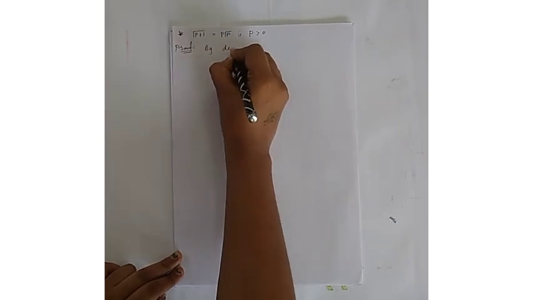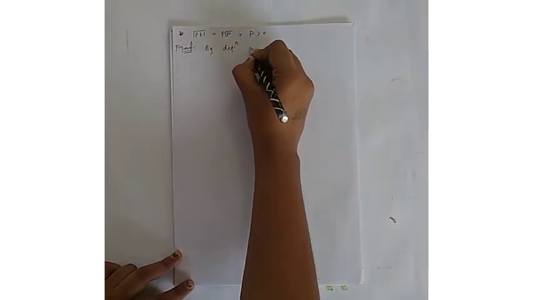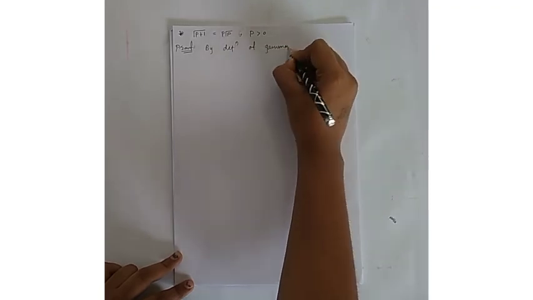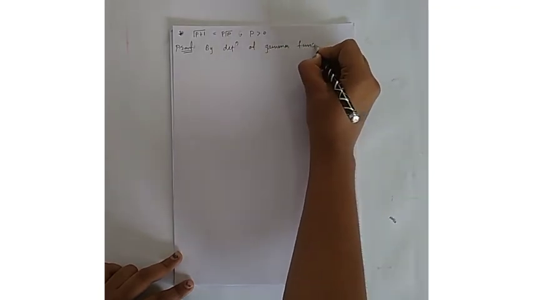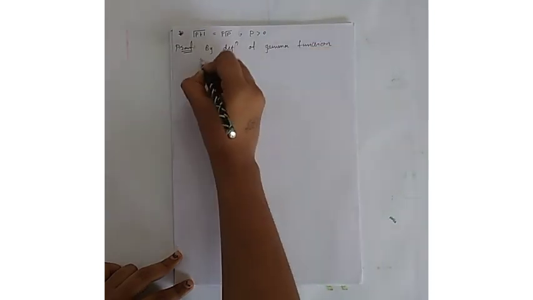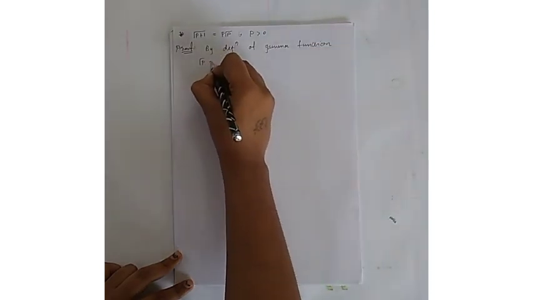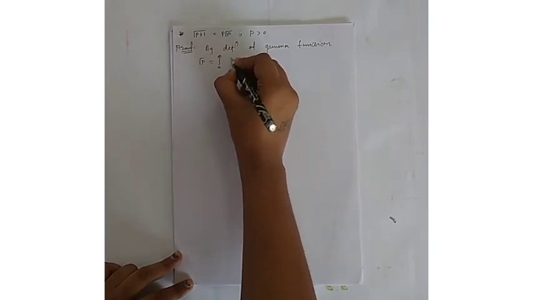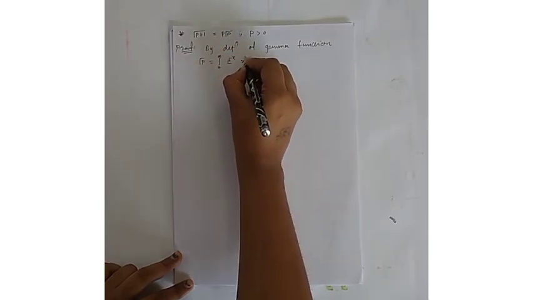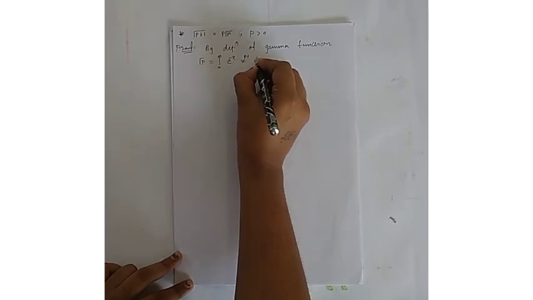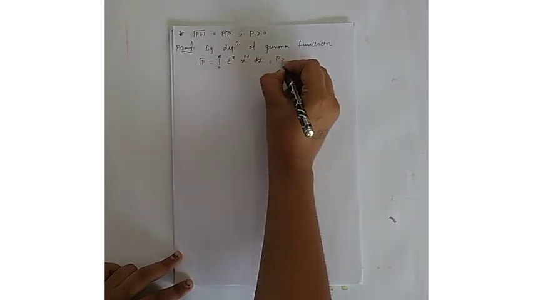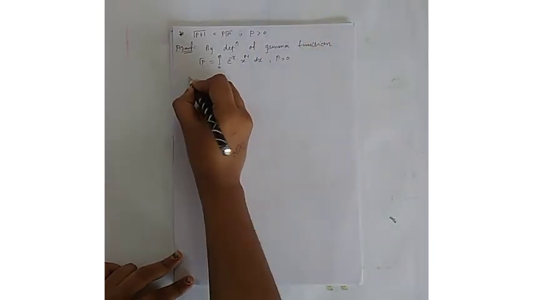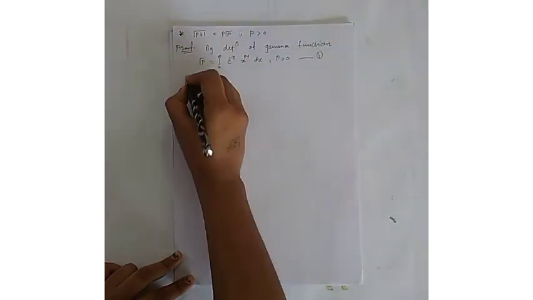By definition of gamma function, gamma p is equal to the integration with limit 0 to infinity e raised to minus x into x raised to p minus 1 into dx, where p greater than 0. Call it equation number 1.